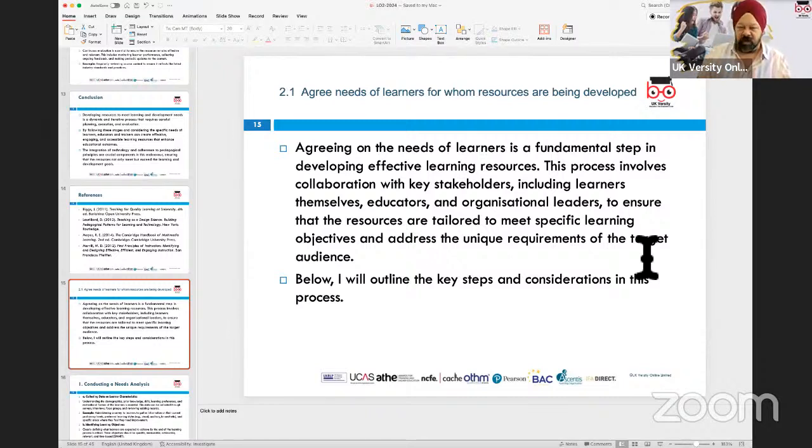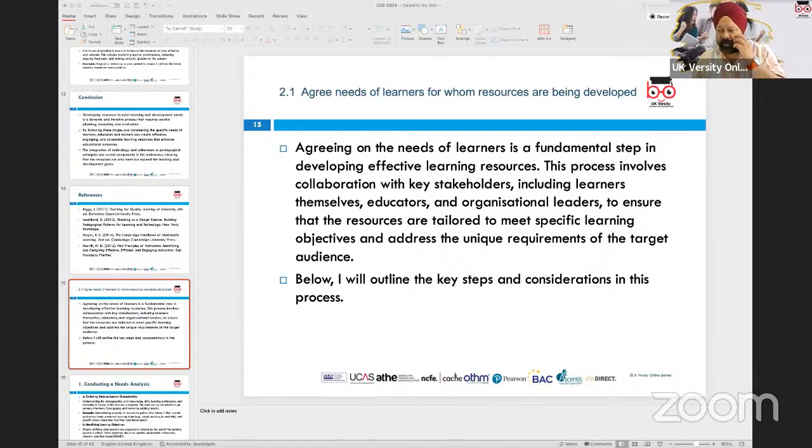So you identify the key stakeholders, and you then need to agree the goals which are primarily required for ensuring that the needs of the learners for whom you're preparing the resources are being met. So you're agreeing in particular to ensure that it meets the requirements of your learners.